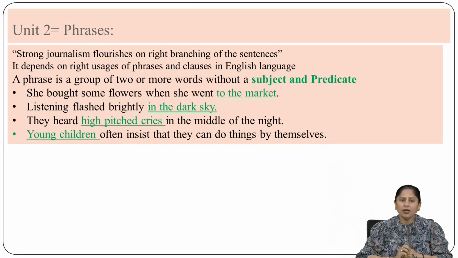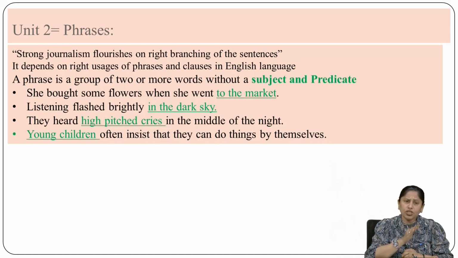They heard high-pitched cries in the middle of the night. They is the subject and heard high-pitched cries in the middle of the night is the predicate part. Generally it happens that after the subject, the verb and all the other words are known to be the predicate part. And here high-pitched cries is the middle part.